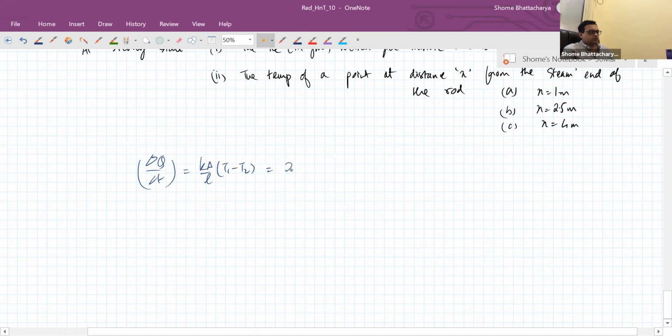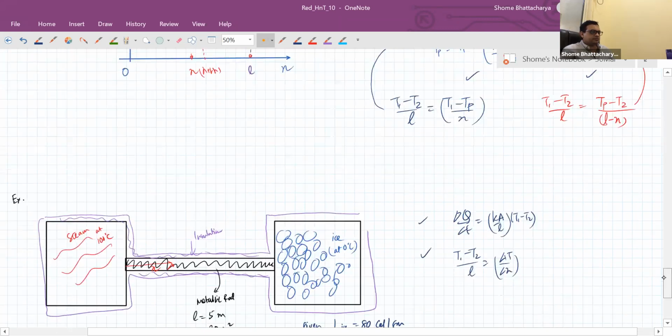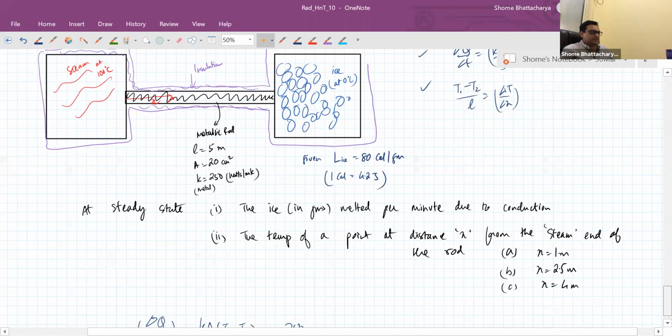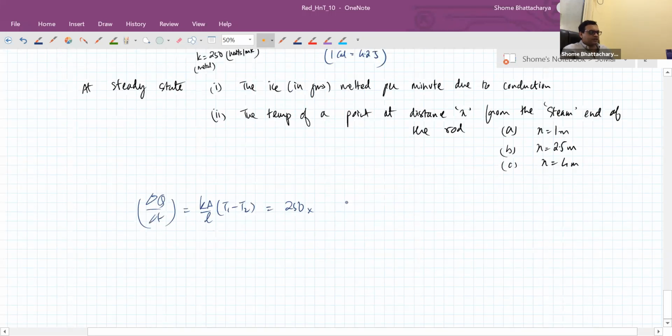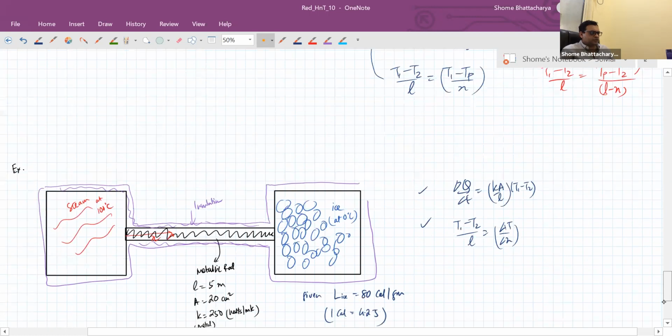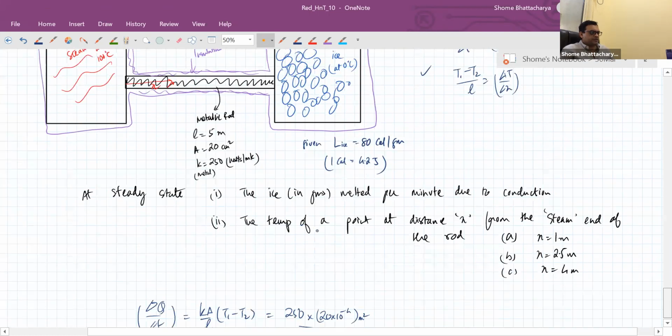So this will become 250 into, now area of cross section was what, 10 centimeters square or 20 centimeters square. So we'll have to convert that. Yes. So 20 into 10 raised to minus 4 in meters square divided by the length, which was 5 meters, correct?